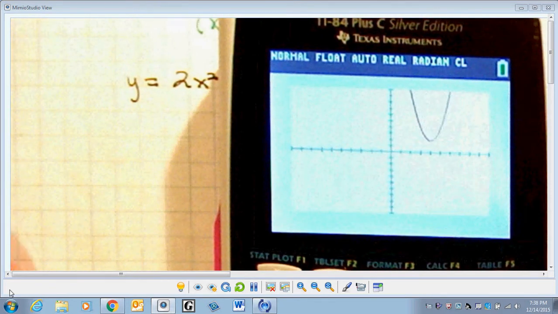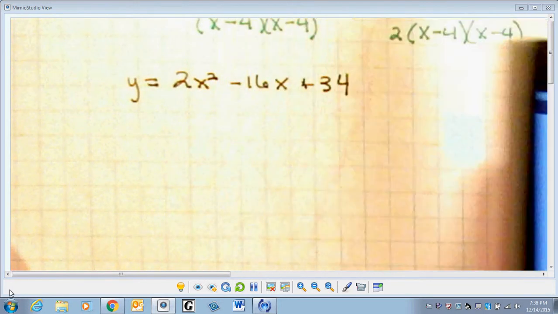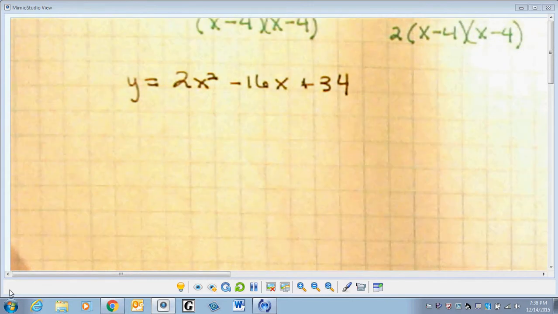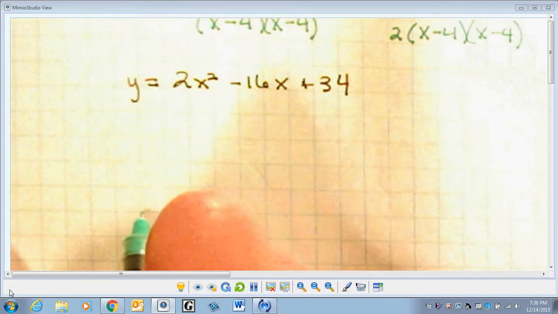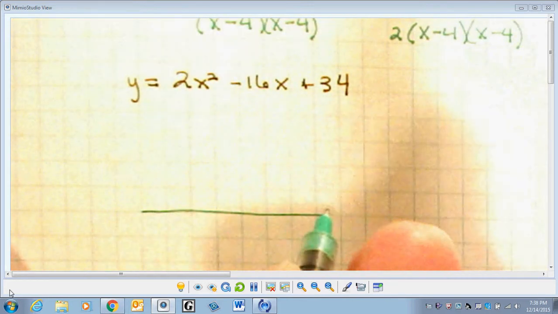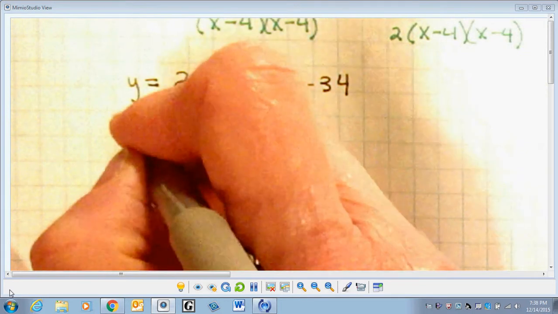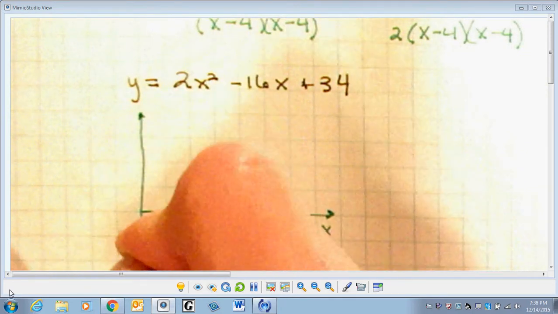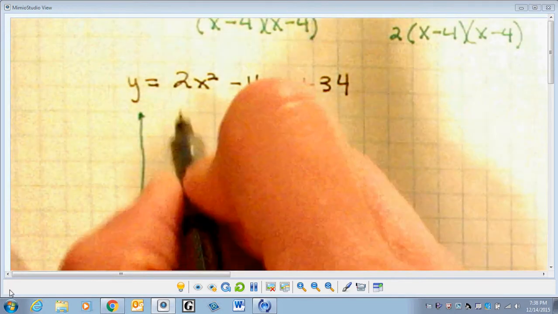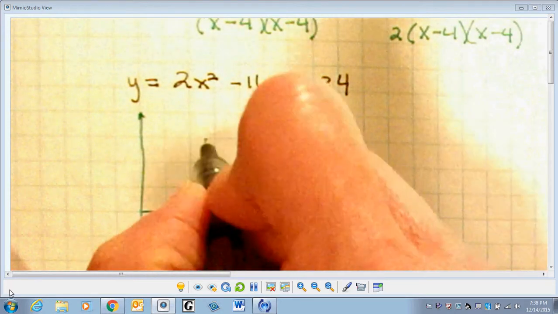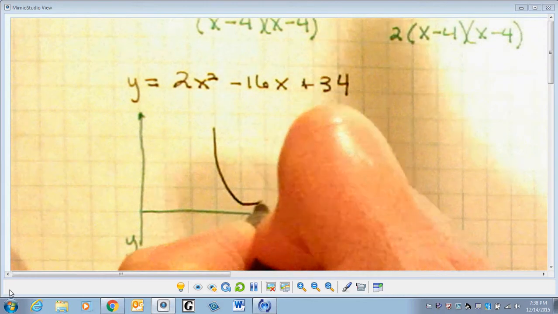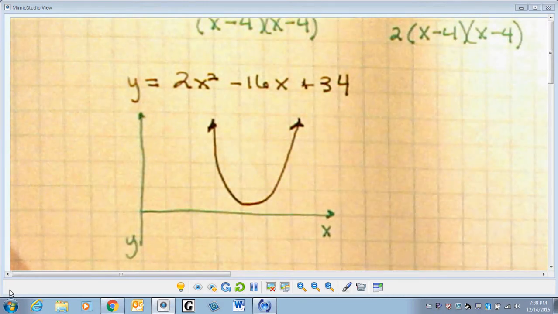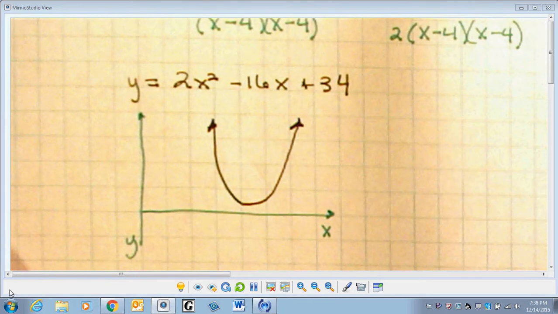So I'm going to go ahead and sketch this. So I'm going to have my x-axis, and I'm going to have my y-axis, and I'm just going to sketch it. Because I'm sketching it, it means I don't really care about the points, I'm just getting a concept idea.